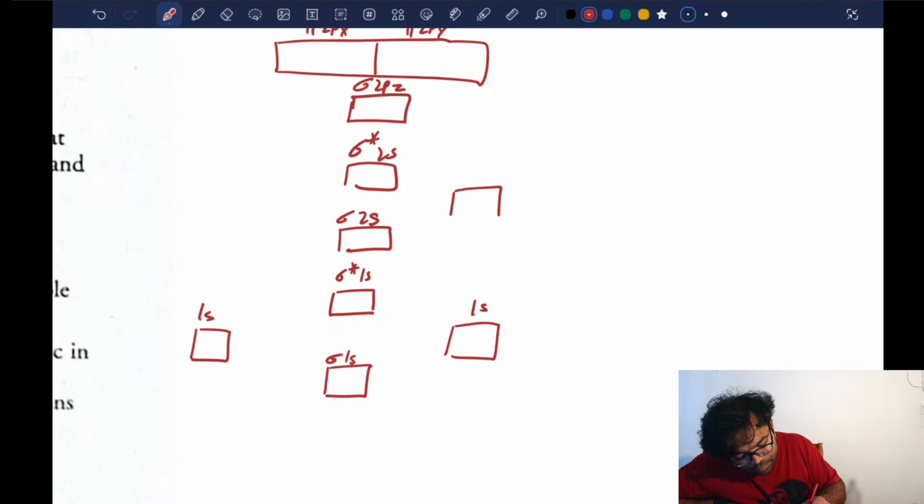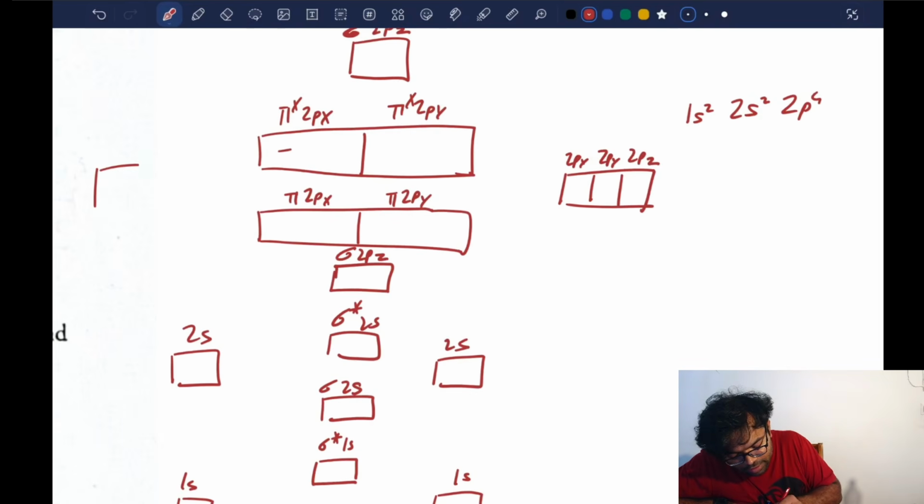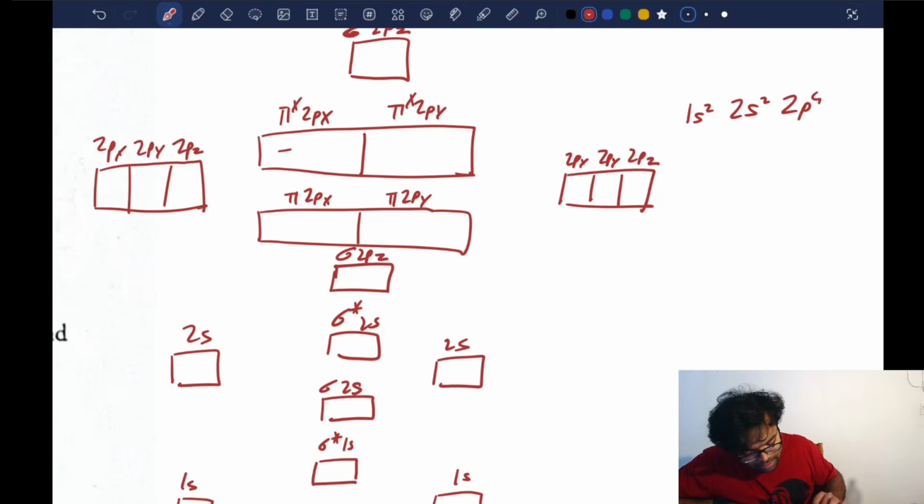This is 2s, 2s. This is 2px, 2py, 2pz, and again 2px, 2py, 2pz.